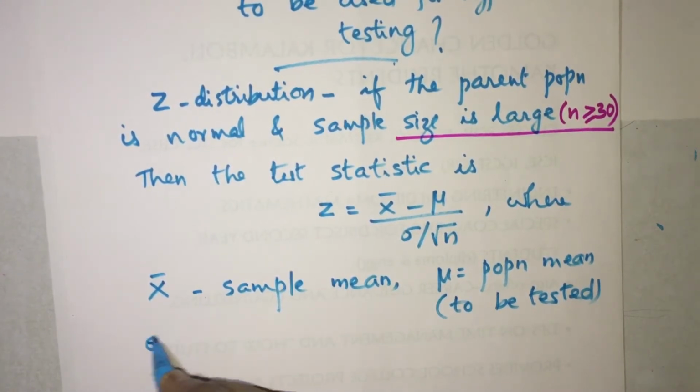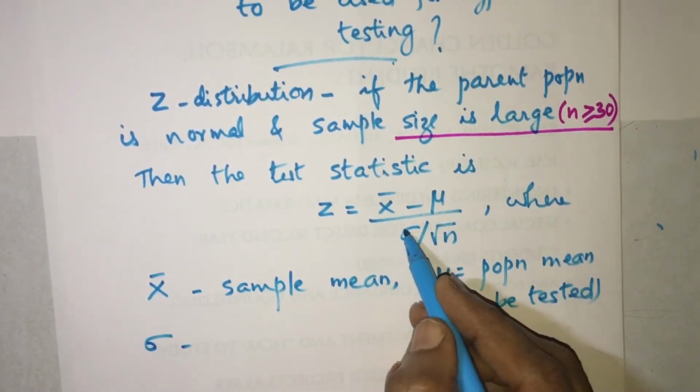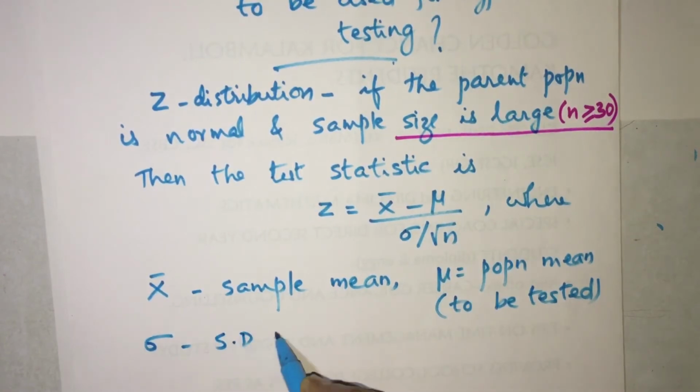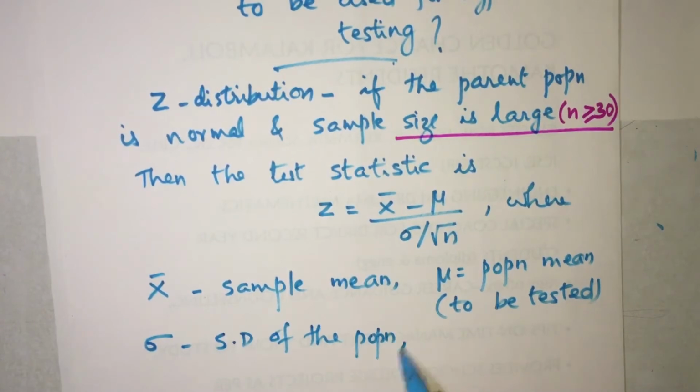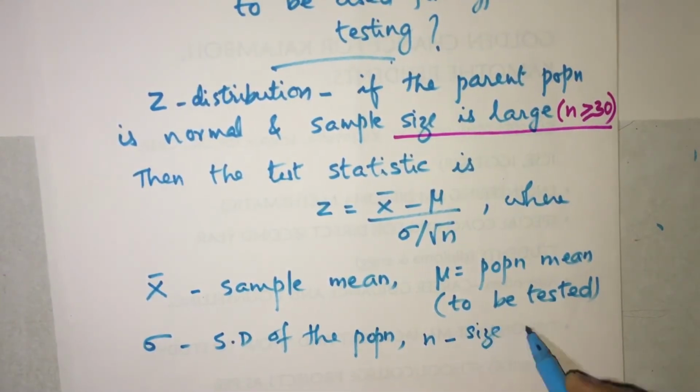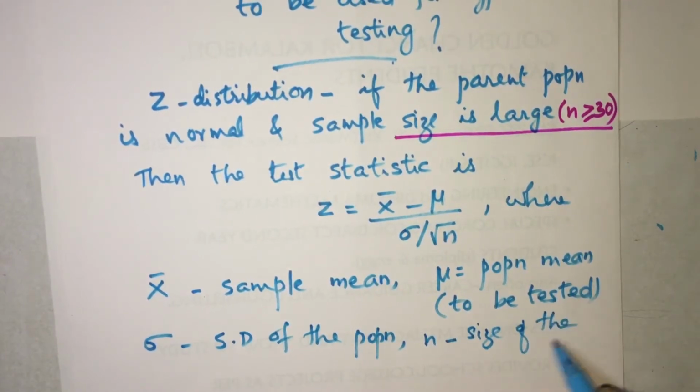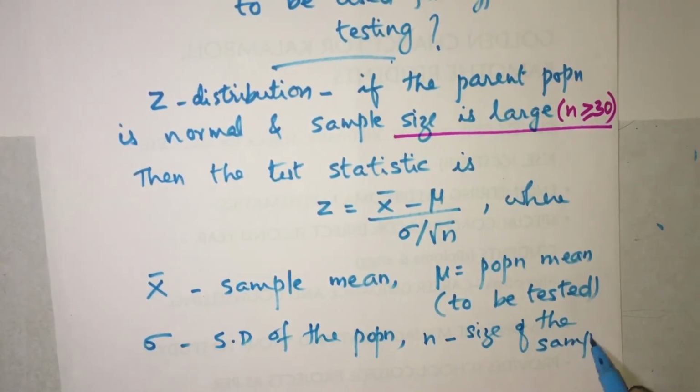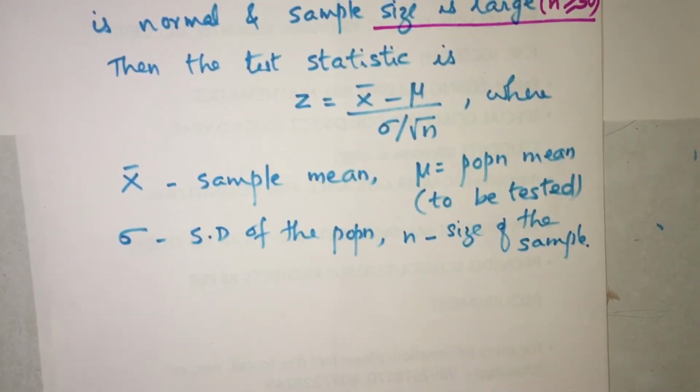Then sigma here means sigma is standard deviation of the population and n is size of the sample. What is the size of the sample? That is n.